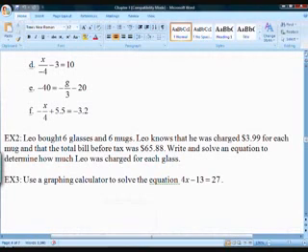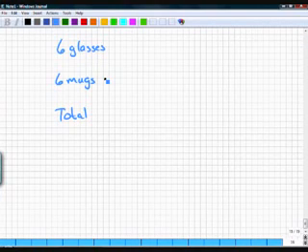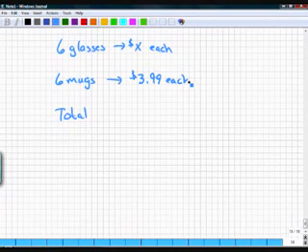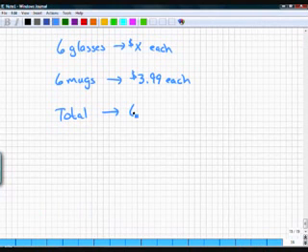So 6 glasses were, let's see, is that our x? We don't know how much the glasses cost. So 6 glasses, x dollars each. 6 mugs, it was $3.99 each. The total we paid, $65.88.